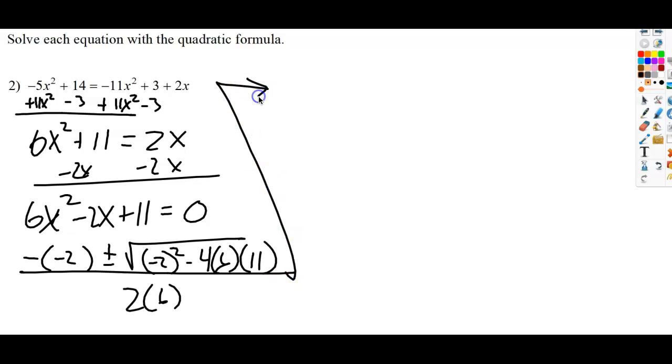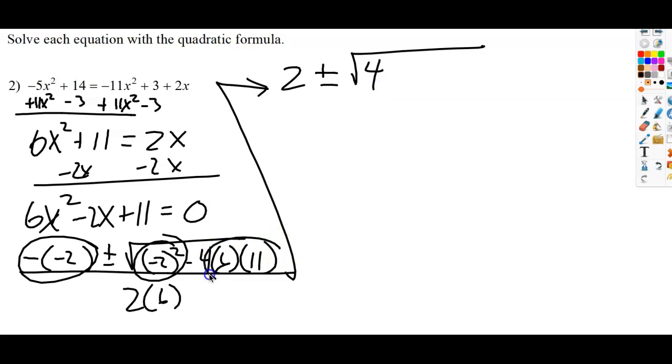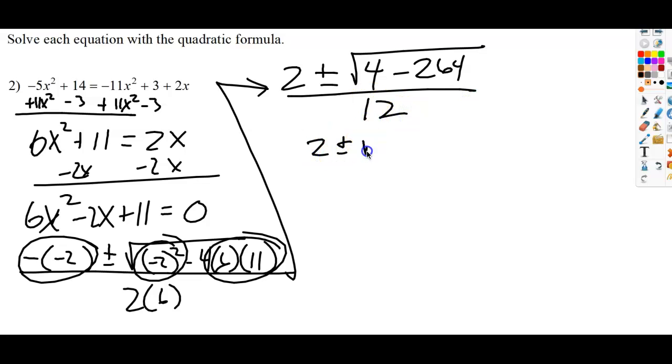Double negatives here become positive. -2 squared is 4. And let's see, 24 times 11. It's a pretty big number. I'm just going to use my calculator, and I get 264. And then 12 on the bottom. So we're going to subtract, and we get -260.